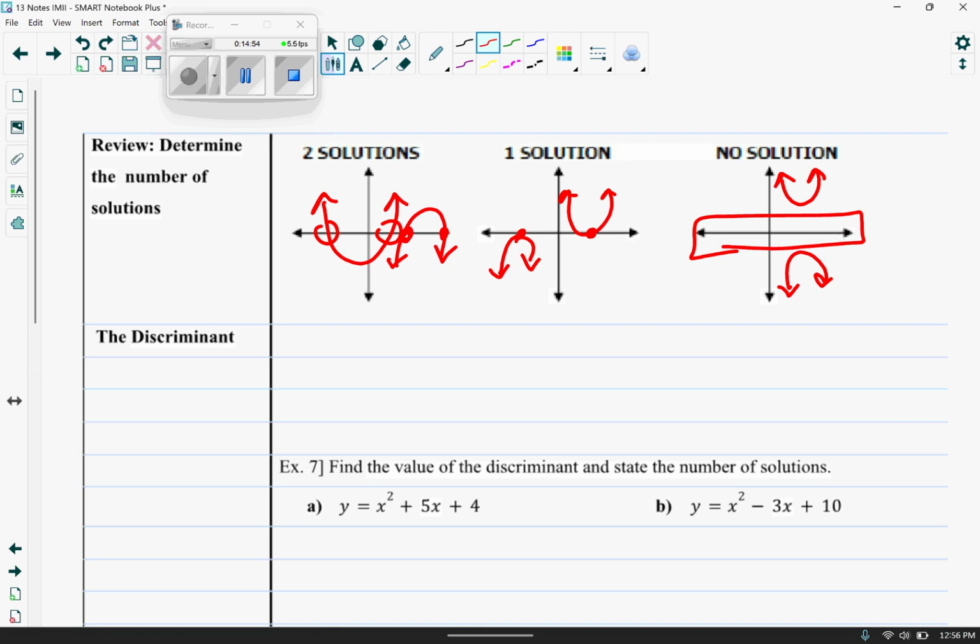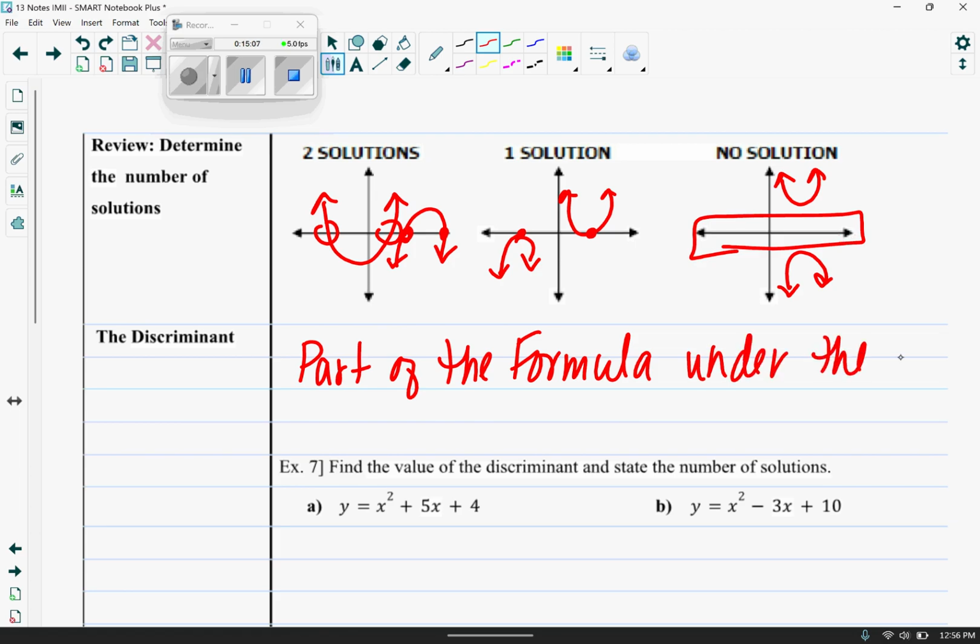Now, the discriminant is just the part of the formula under the radical.